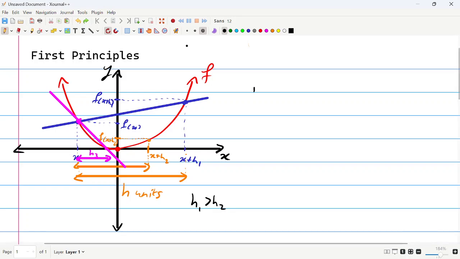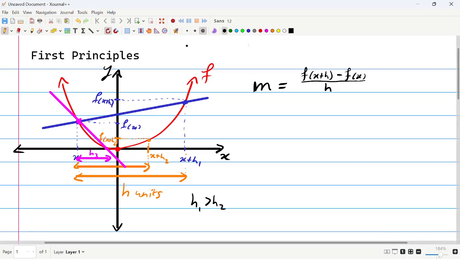So what we are saying is, from our information, we know the gradient is equal to f of x plus h minus f of x, all divided by h, if we remember from average gradients.